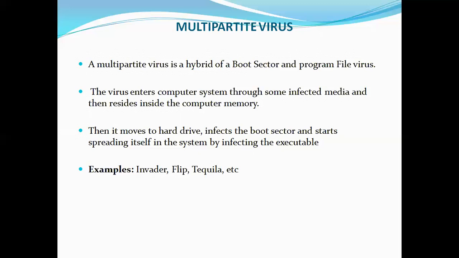And once our computer is on, it starts infecting the .com, .exe extension files also. So we say that it is a combination of boot sector and program file virus. As it is infecting both of them, it is called a multiparasite virus. Examples are Invader, Flip, Tequila, etc.